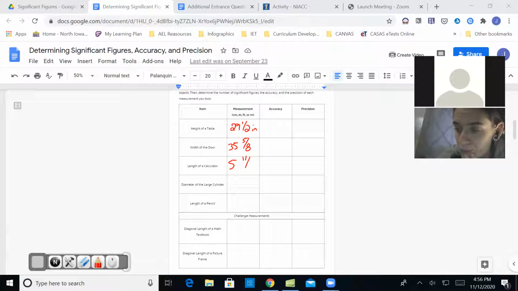$30 seconds. Seems like an awkward size for the diameter of a circle. We have 2 and 5/16.